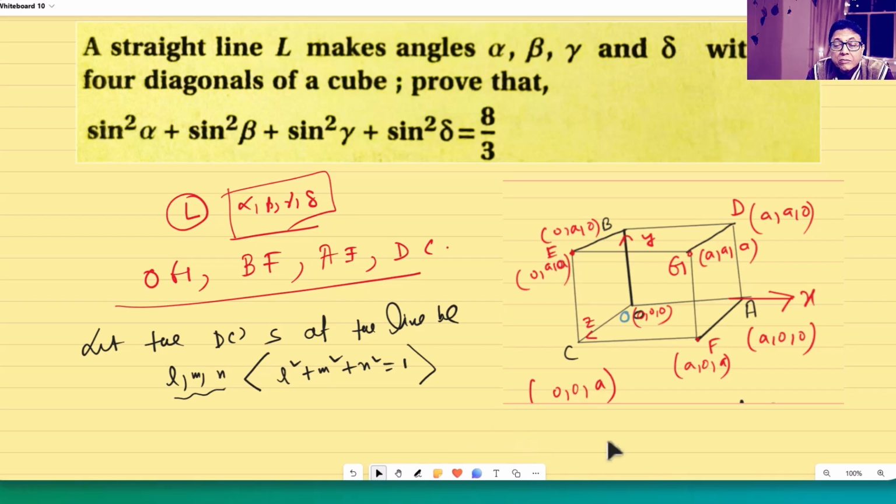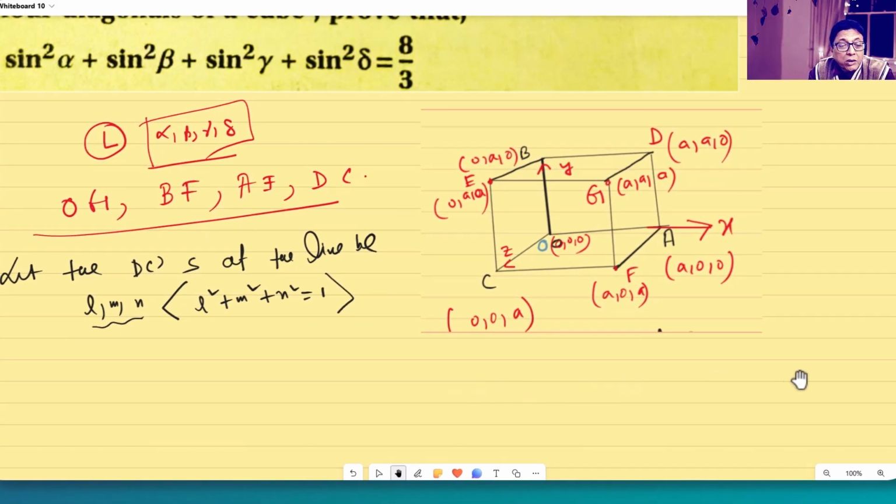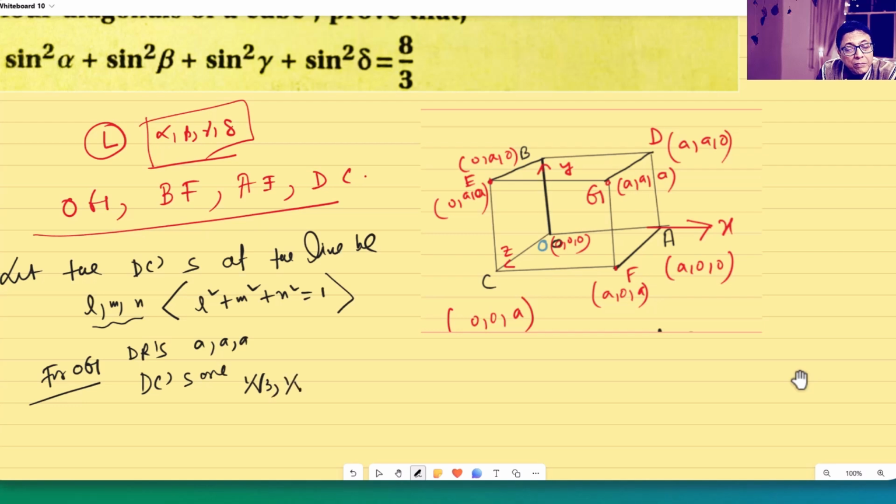Now, for the diagonal OG, the direction ratios we have just found: A minus 0, A minus 0, A minus 0. DCs are what? DRs you will write as A, A, A. DCs are 1 by root 3, 1 by root 3, 1 by root 3, isn't it?